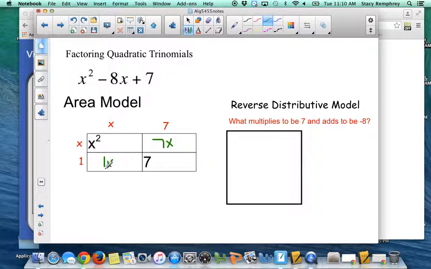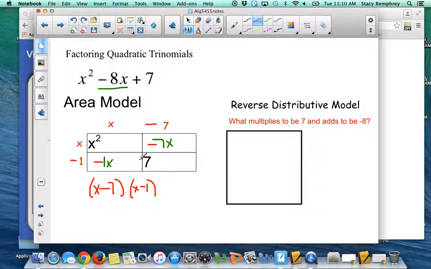Now when I add those together, I get positive 8x, but what I want is negative 8x. Well, there's a pretty easy way to do that. If I change these both to minus, negative 7 times negative 1 still gives me my positive 7, and now I have the negative 8 I need. So your factors are x minus 7 and x minus 1.